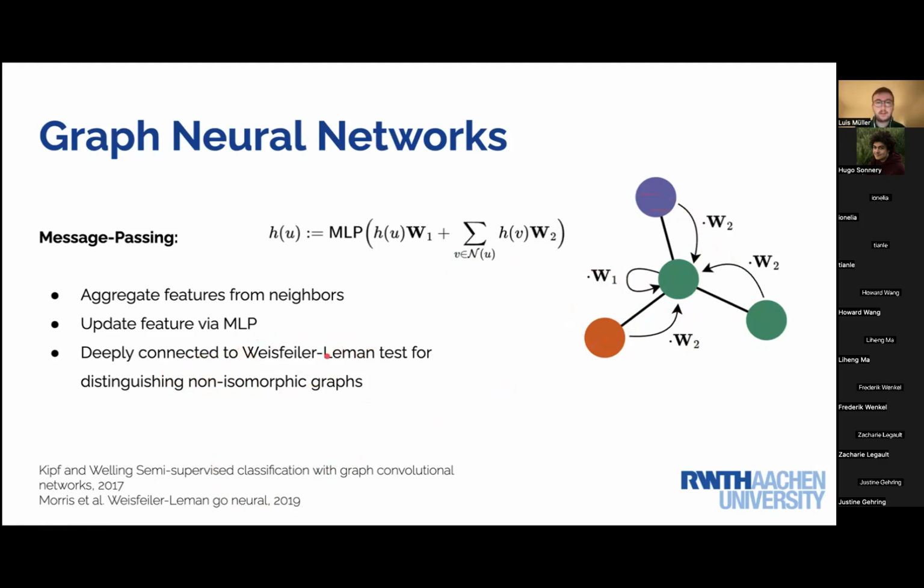Just to give you a feeling for this connection, there are a lot of examples where you can show that a standard graph neural network cannot distinguish the graphs. This is what we in the graph learning community mostly refer to when we mean expressivity: how many graphs can we distinguish.